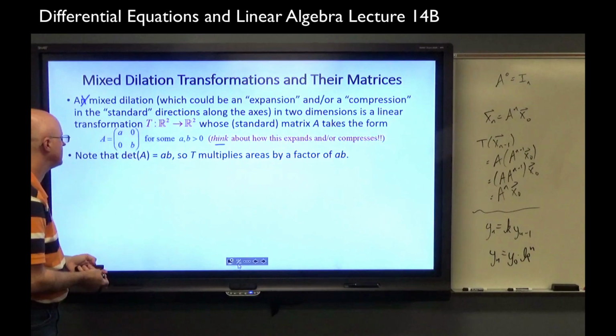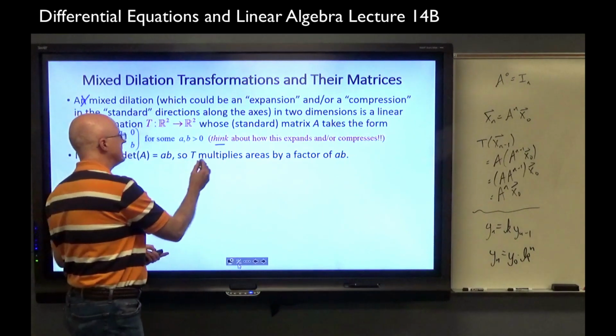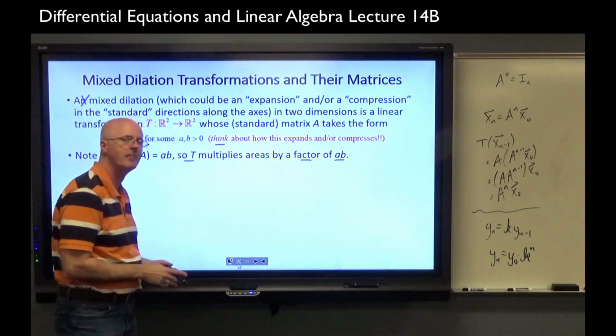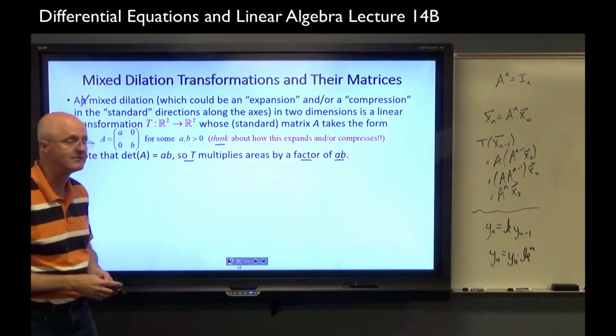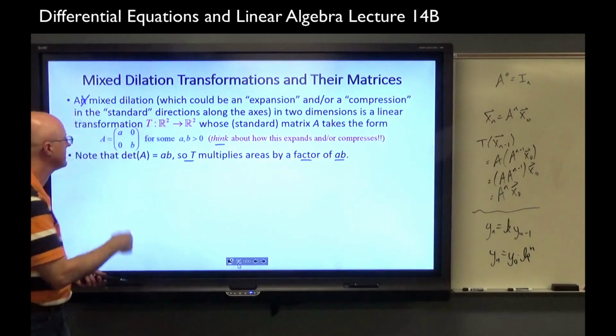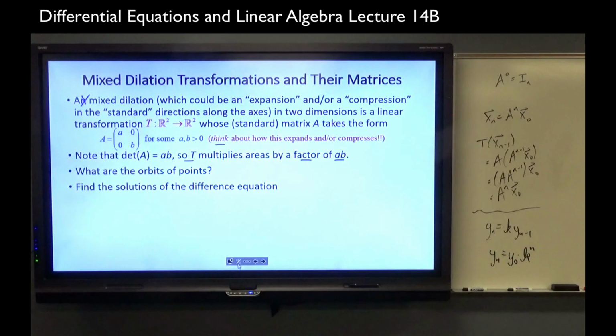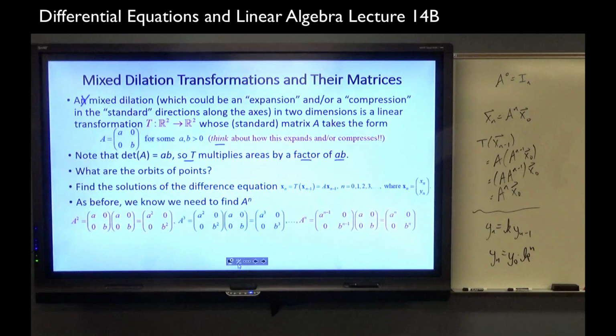The determinant is equal to A times B. So the action of T multiplies areas by a factor of A times B, which is positive, because I'm assuming A and B are both positive. What are the orbits? Find the solution like before. So just like before, we need to find A to the n power.